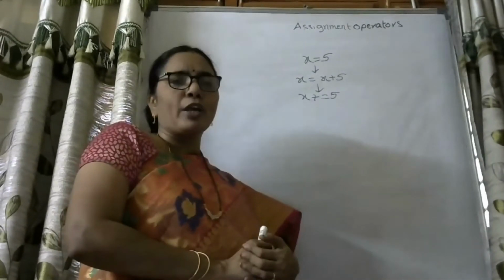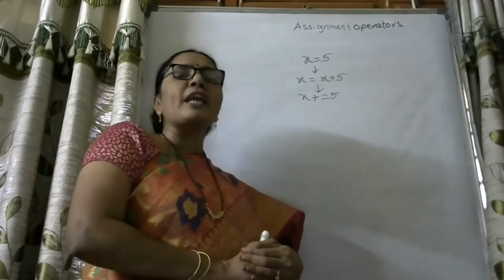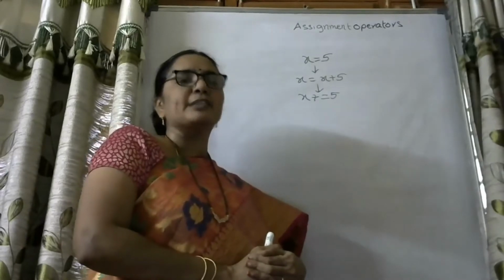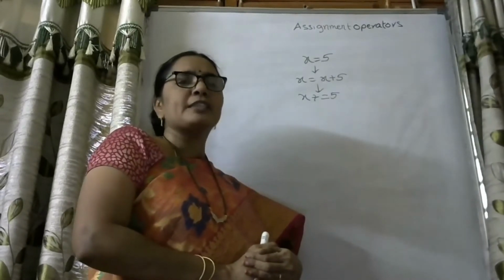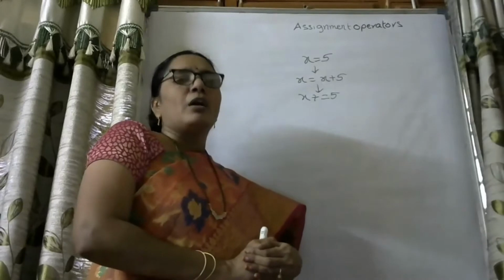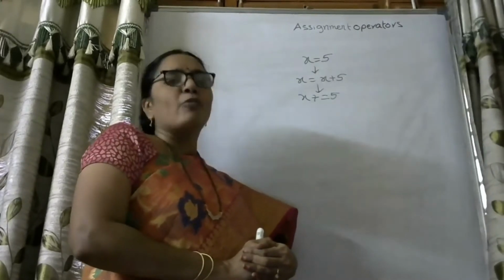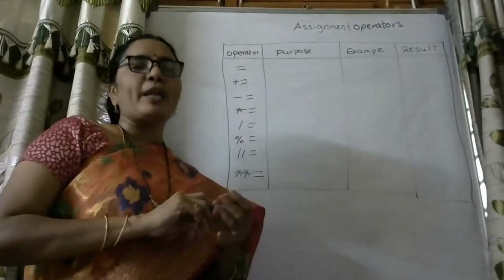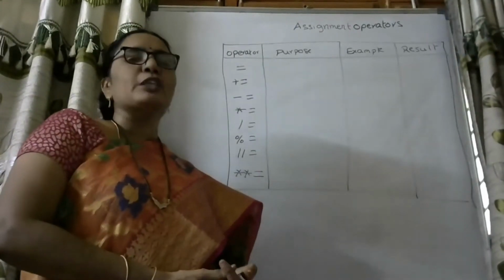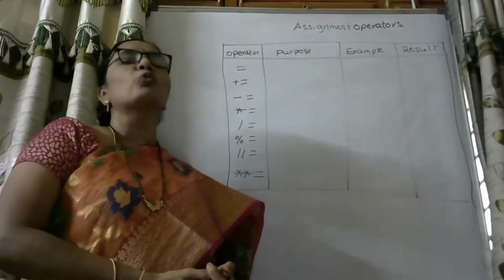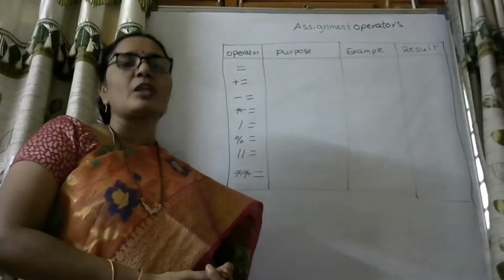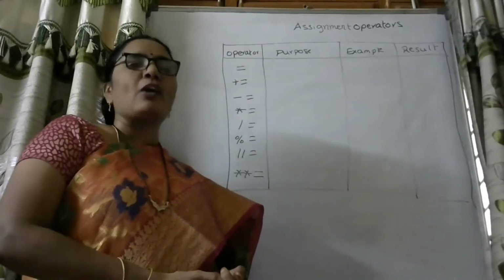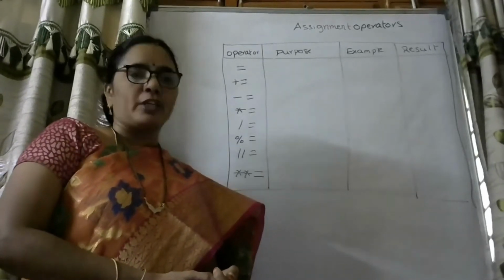So now I am going to show you how you can combine the assignment operators with your arithmetic operators to form the shorthand notation and how the expressions are written, what are the results of the expression. So, what is an assignment operator? Assignment operator is used to assign the value to the variable. The assignment operator can be combined with your arithmetic operators to form the shorthand notation.